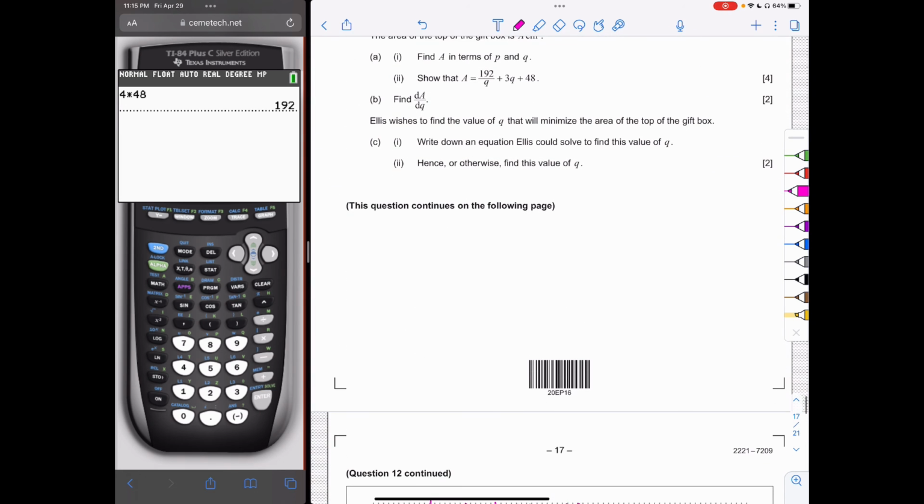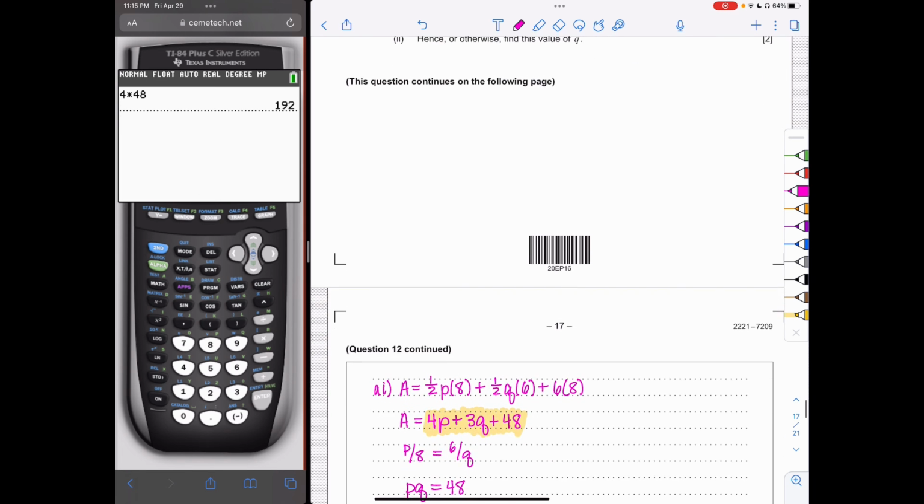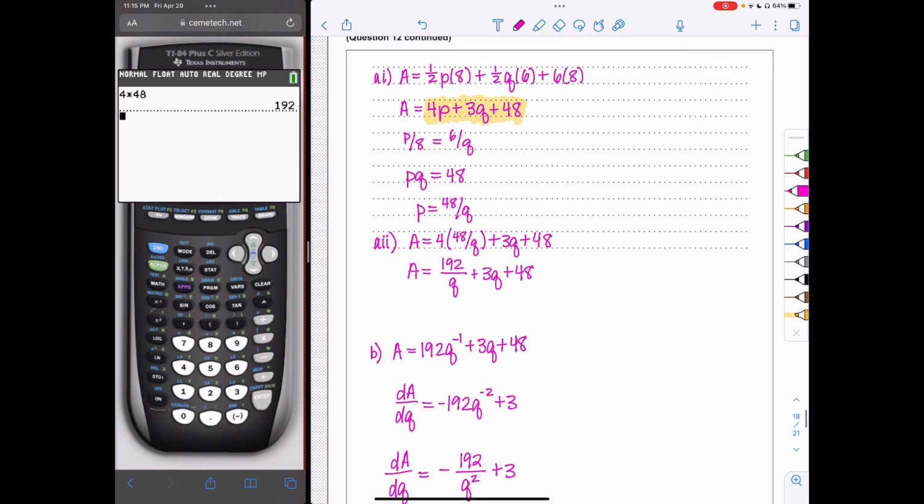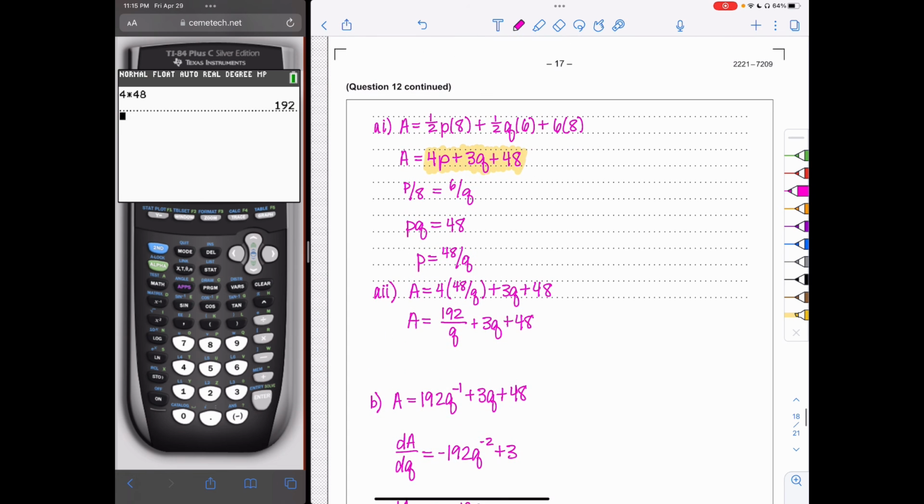Next it says Ellis wishes to find the value of Q that will minimize the area of the top of the gift box. Write down an equation that Ellis could solve to find this value of Q. You should remember that anytime you have a maximum or minimum, that occurs at a stationary point, aka where the derivative is equal to 0.